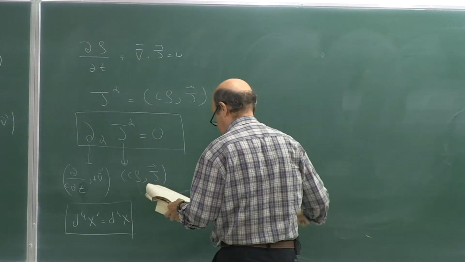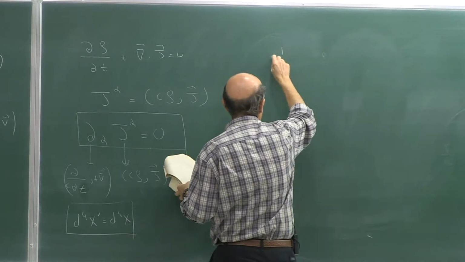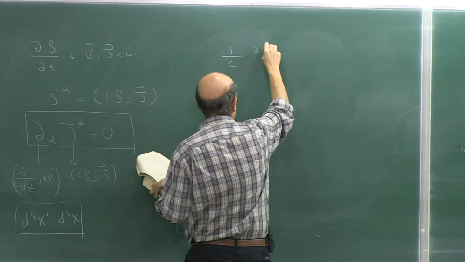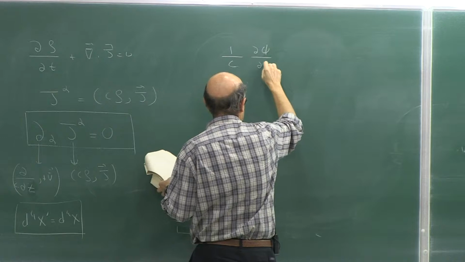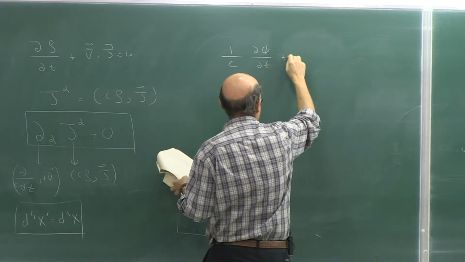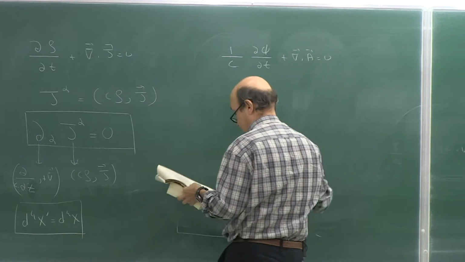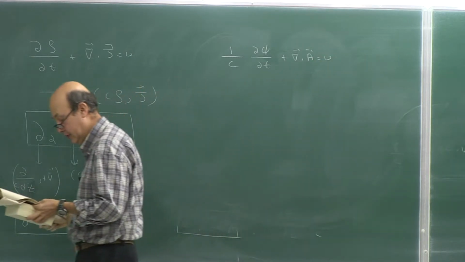So let us look at the Lorentz condition. So what is the Lorentz condition? 1 over c del phi over del t plus divergence of A equals 0 is the Lorentz condition.